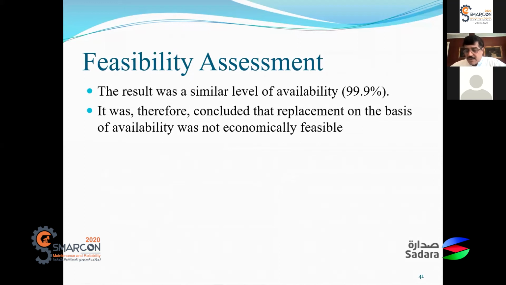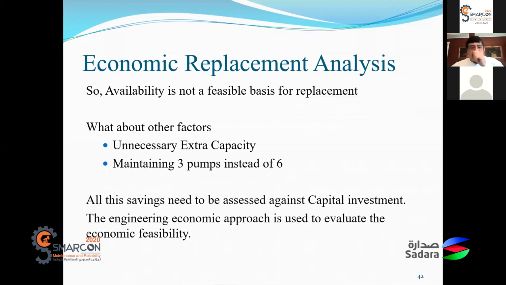Well, they still came back and argued that there is an extra capacity if you're diverting 15,000 GPM to the sea. This is expensive. Plus, with your new alternative, you're only going to be maintaining 3 pumps where you're currently maintaining 6 pumps. So we did all of these calculations.